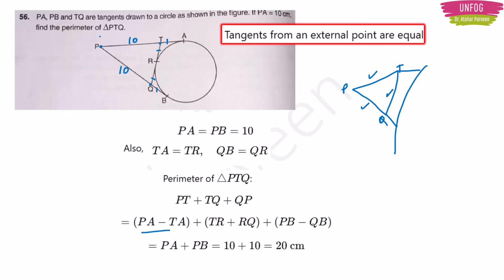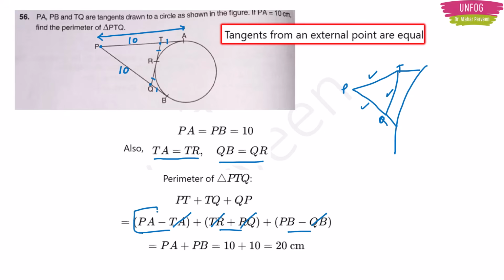Because this entire thing is equal to PT plus TA, right? So that way I will utilize this funda for all these three things. Now see, this TA is equal to TR, right? So this will get cancelled. QB is equal to QR, right? So that's why this and this will get cancelled. So what all is remaining?